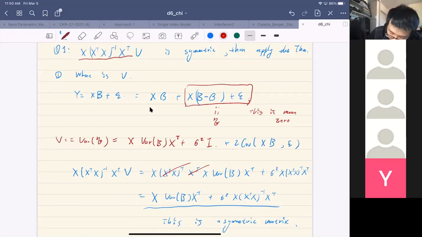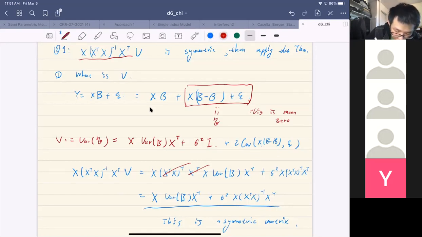Yes, but then the question is, we don't have XB, we have X of B minus beta. Yes, that's what we have, I think. But then we should maybe also have, instead of variance of B, variance of B minus beta or something like this. Okay, you're right.